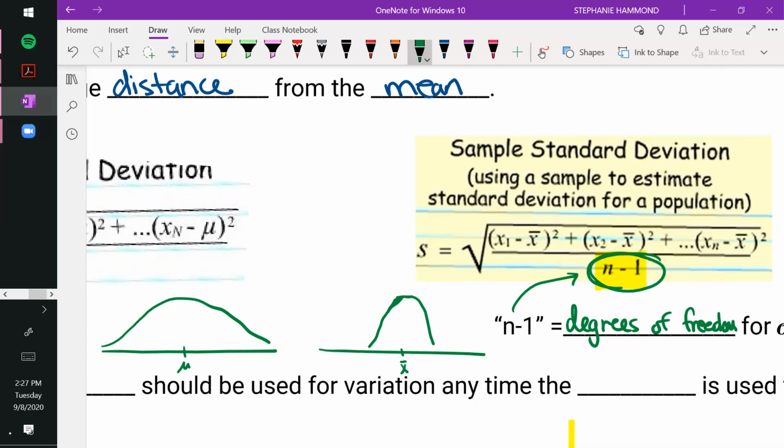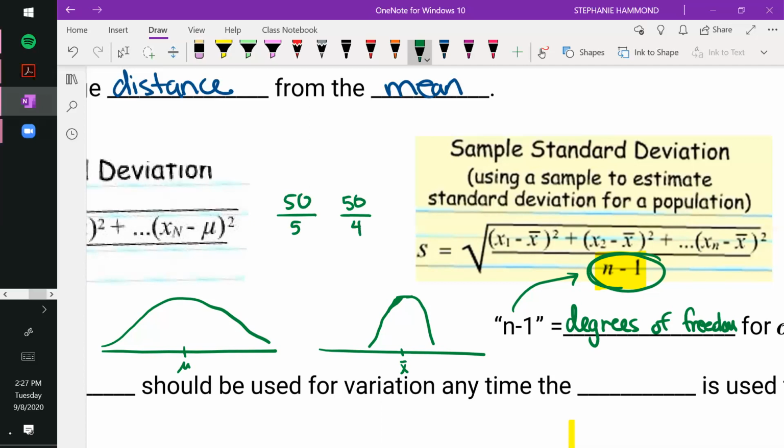By dividing by a number 1 less than the actual sample size, we end up with a bigger standard deviation. Think of it this way. 50 divided by 5 is about 10. 50 divided by 1 less than 5 is bigger than that. So it will give us closer to our actual population standard deviation that way.